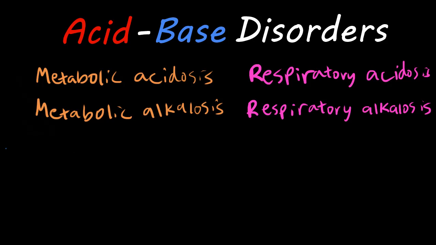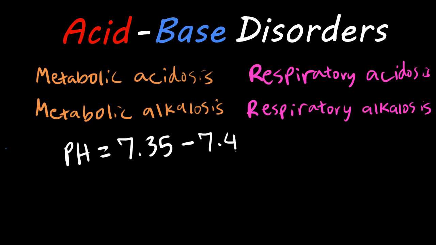And then real quick about the acidosis and alkalosis, normal pH in the body is going to be a range of 7.35 to 7.45 in our blood. This is the basic pH in our blood for humans. And so if anything falls below that, that's going to be acidosis, right?